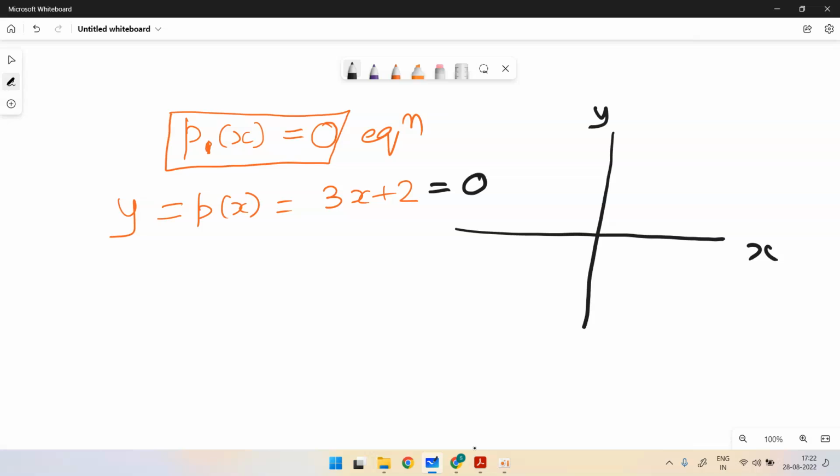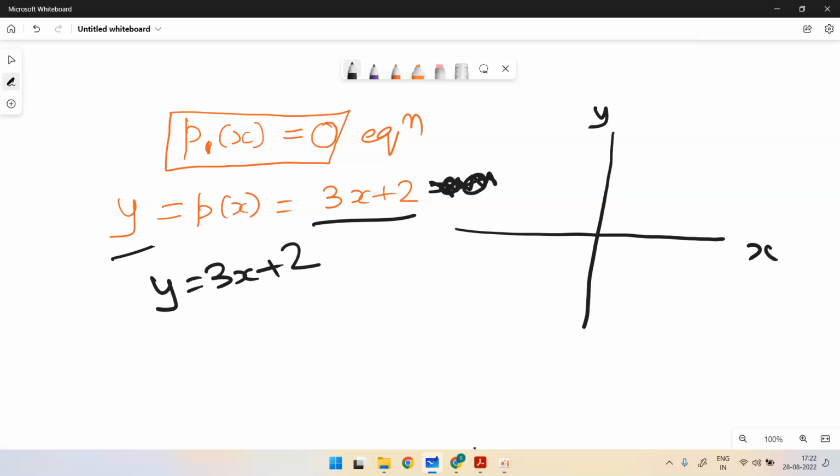If you draw this graph, suppose this is it, and y I am taking as 3x plus 2. If I have 3x plus 2, then you can consider y equal to 3x plus 2.